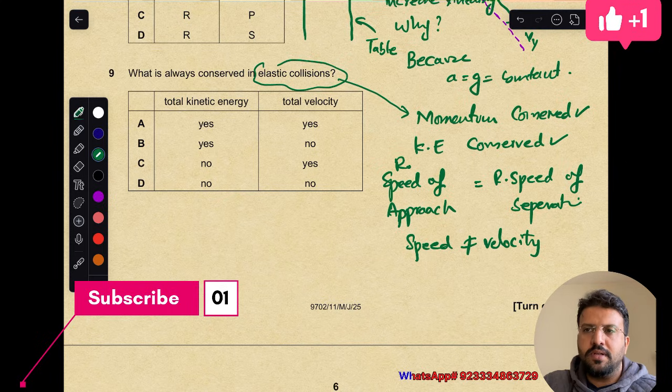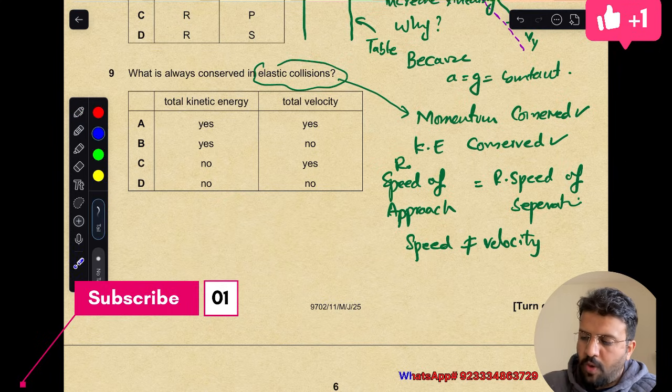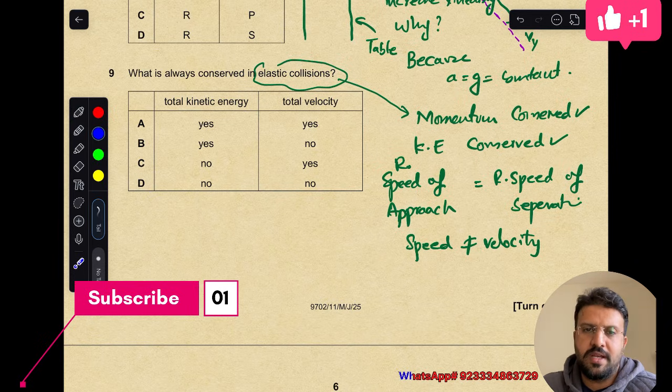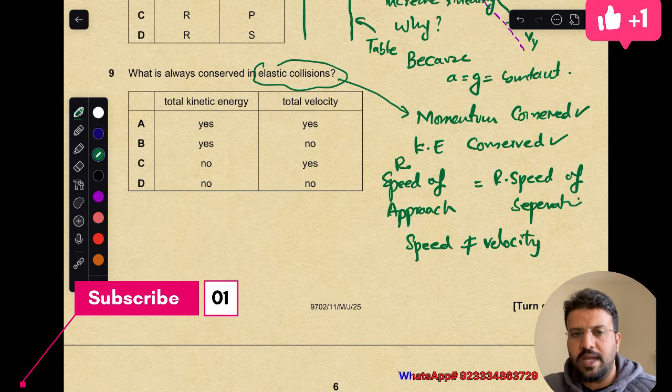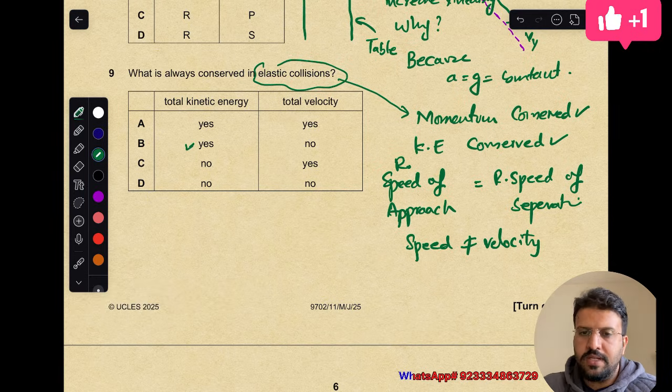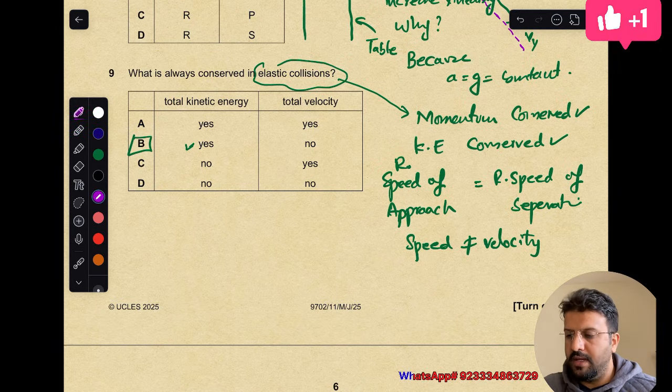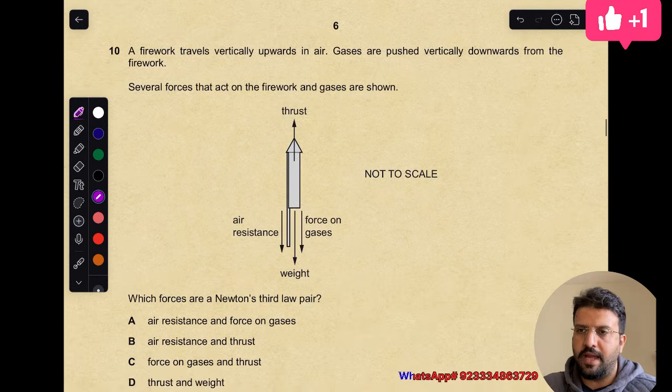So the common wrong answer that students choose is option A. They mostly choose this one because they confuse velocity with speed. So there is no law like this that the velocity will remain conserved. The thing that we have studied is that the speed of approach will be equal to the speed of separation. So velocities will not remain conserved, they will change because they are changing direction after the collision. Kinetic energy, yes, it will remain conserved, so it's option B you have. A is the most popular wrong answer, and I have told you why a student thinks like this.